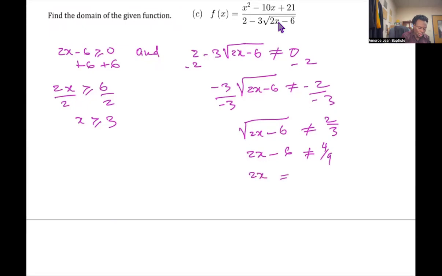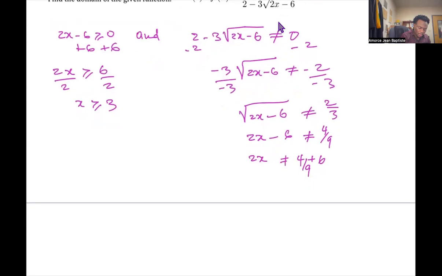2x is not equal to 4/9 plus 6. 4/9 plus 6 is 54 plus 4, 58, so that's 58/9.